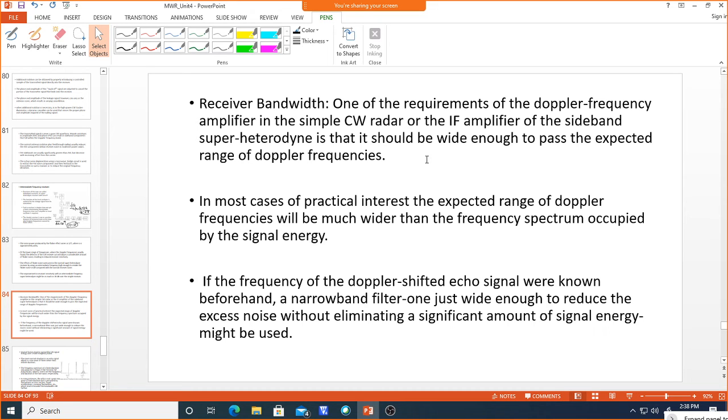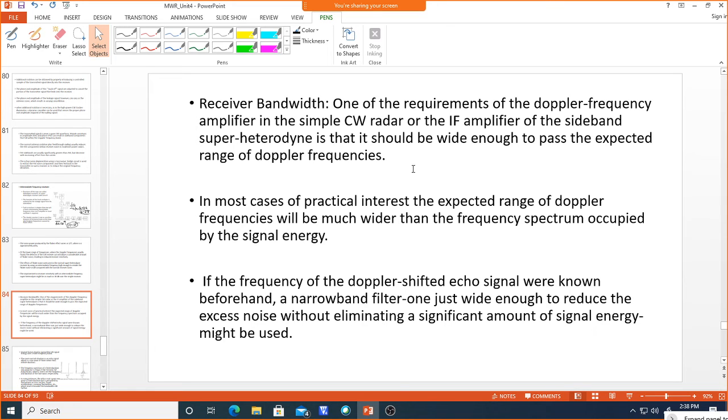Whatever the time duration given with the moving target, there will be different Doppler frequencies over the band. So we need to design it in such a way that the maximum range of Doppler frequencies is detected. Then only can we properly detect where exactly the target is moving.